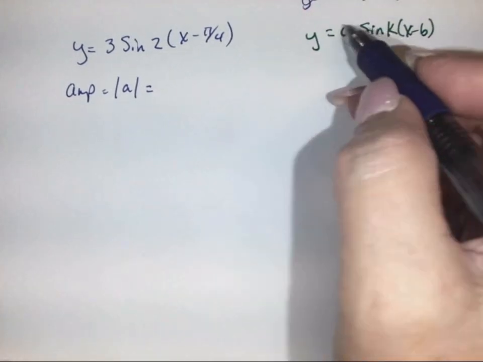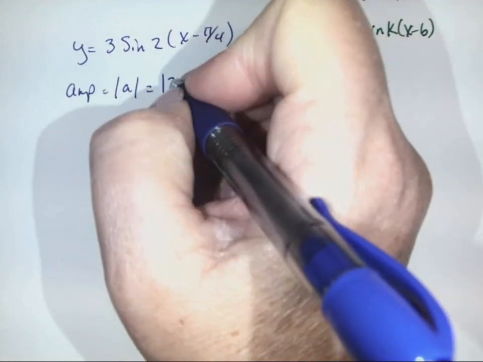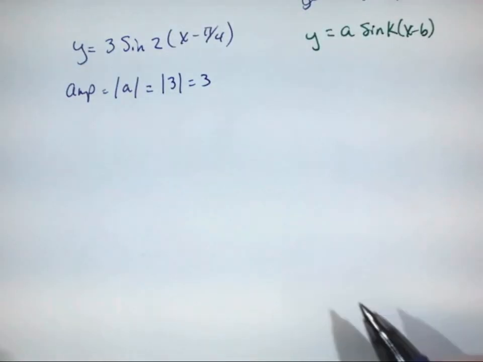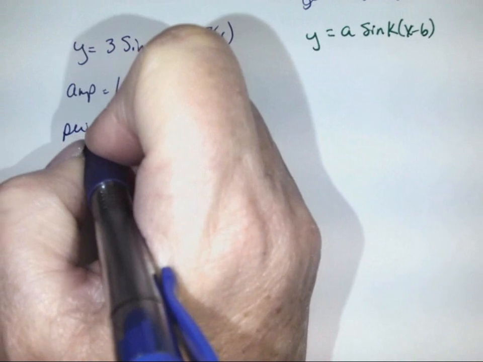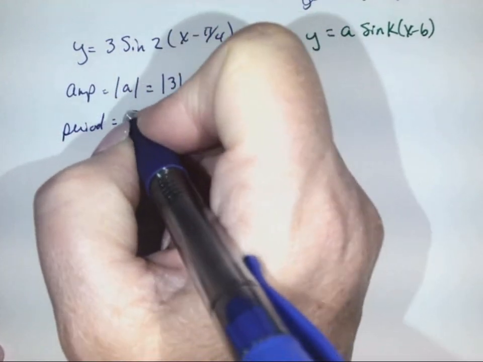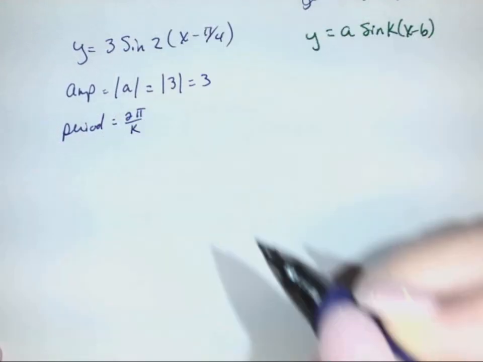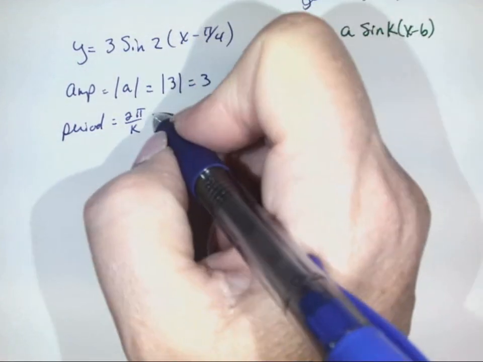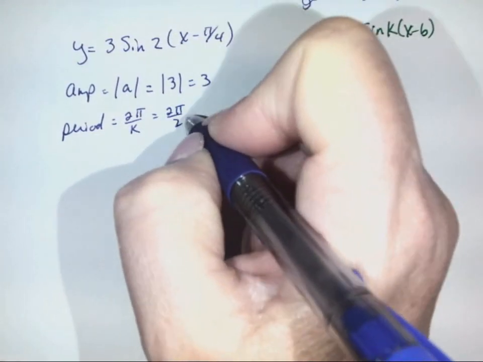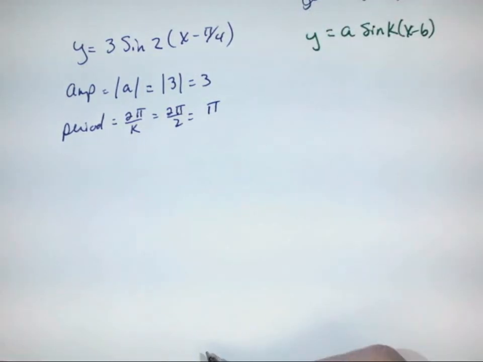The A is going to be our amplitude, so the absolute value of 3 would be 3. And then we also want to know our period. The period is always going to be 2 pi over k for sine and cosine. Our k is 2, so 2 pi over 2 would just be pi.